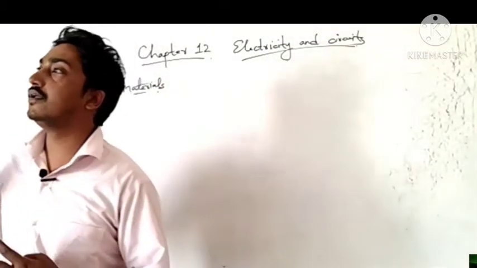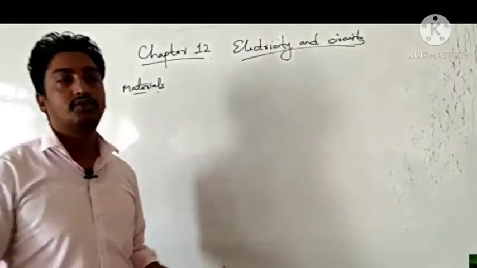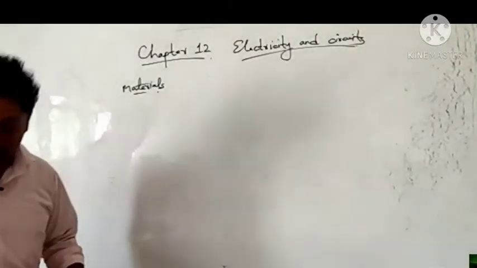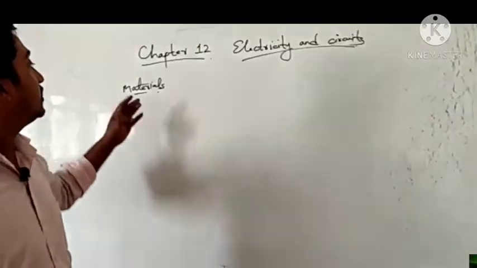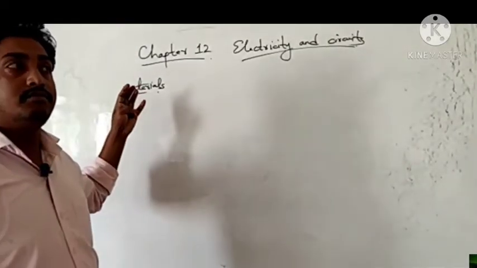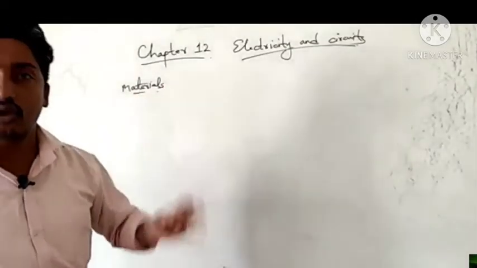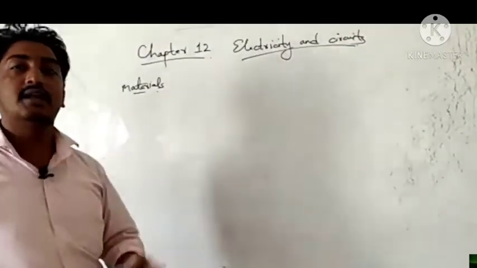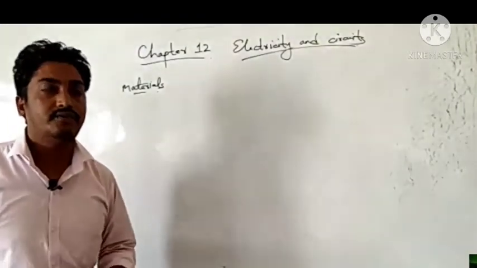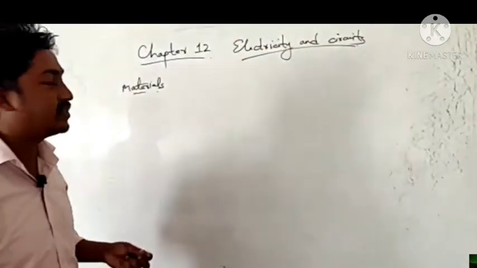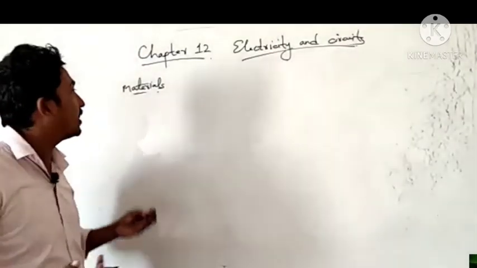It can be solid, it can be liquid, or it can be in any state. It can be hard, it can be soft also. Materials can be corrosive or soft to us. As for example, corrosive means like acids.